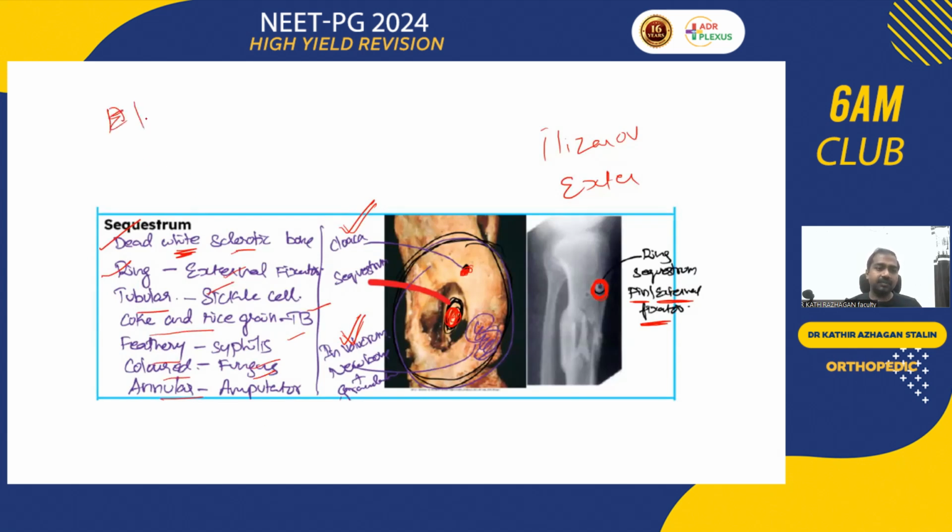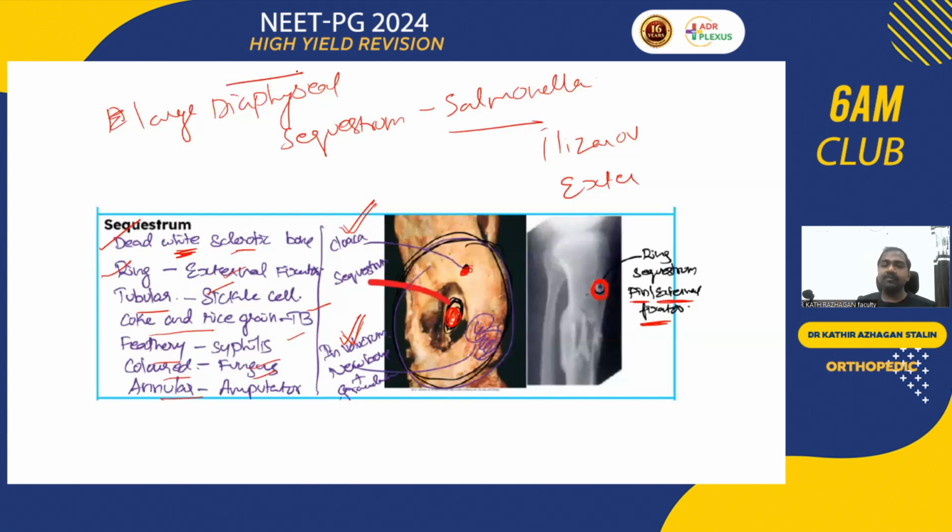Large diaphyseal sequestrum, salmonella. This was tested one time: they gave a bone histopath and said this part is from the diaphysis, and from the histopath you could find it was dead bone.